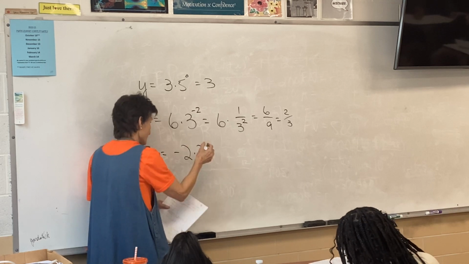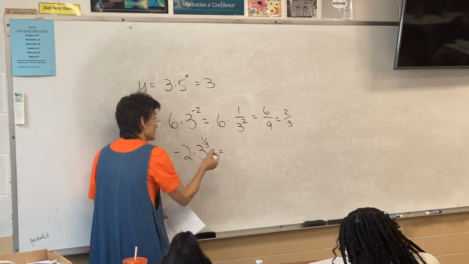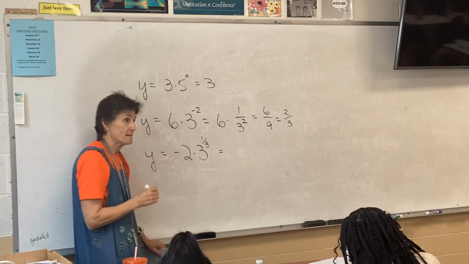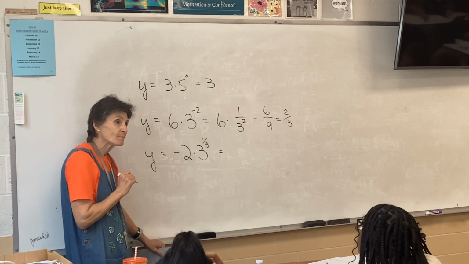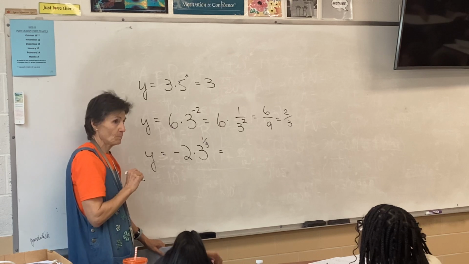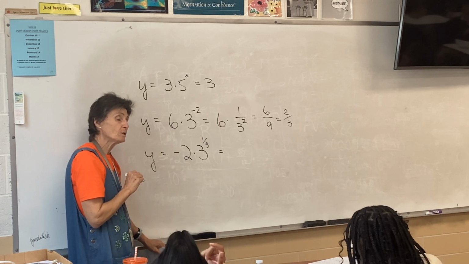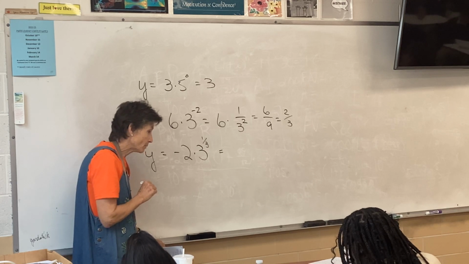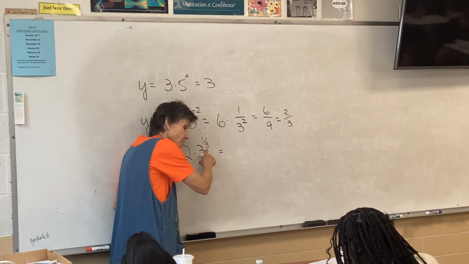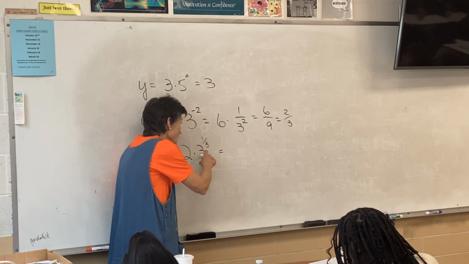-2 times 3 to the 1/3. What does that mean? 3 to the 1/3. Isn't that the cube root of 3? That's exactly what it is. Fractional exponents are radicals.